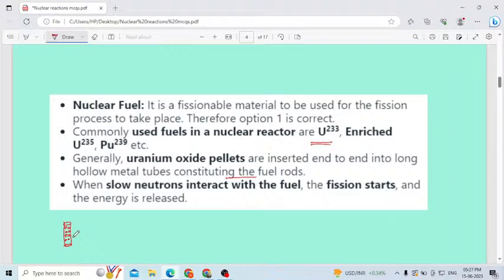These fuel rods act as nuclear fuel. When slow neutrons interact with the fuel, fission starts and energy is released. That is, when slowly moving neutrons come in contact with the fuel, the heavier nuclei split into smaller nuclei and energy is released.